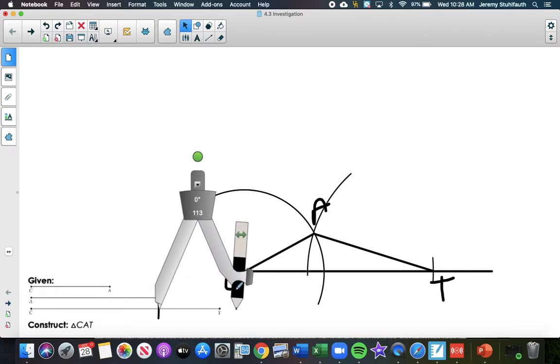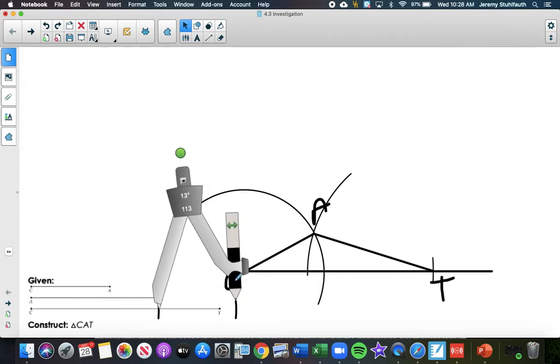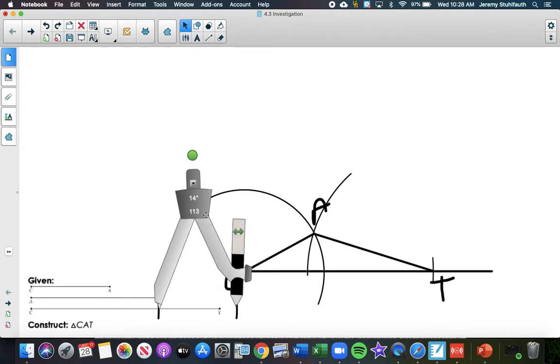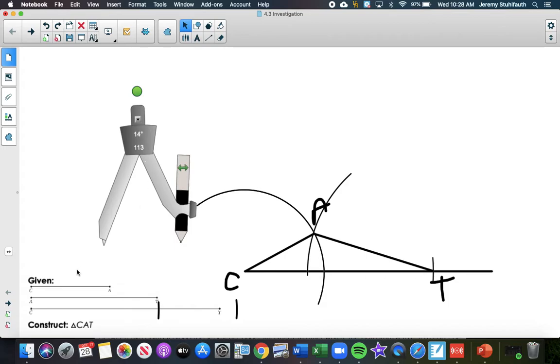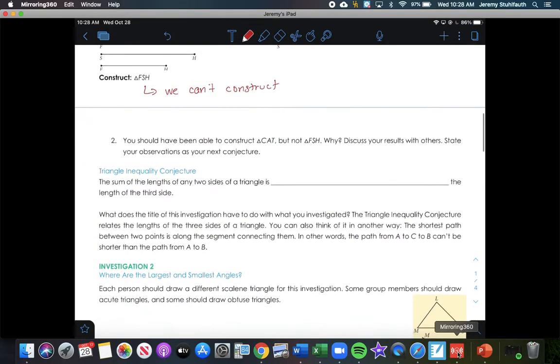You'll notice that the sum of CA and AT is longer than the side CT. So what that leads us to is the triangle inequality conjecture. What the triangle inequality conjecture states is that the sum of the lengths of any two sides of a triangle is greater than the length of the third side.